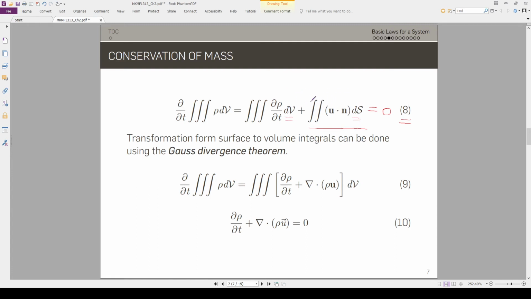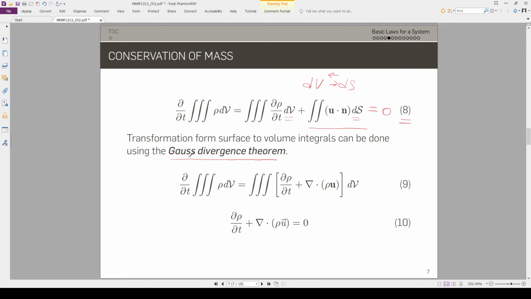To represent the equation in one expression, for example in the control volume, the Gauss divergence theorem can be used to do the conversion from dV to dS, and also from dS to dV.